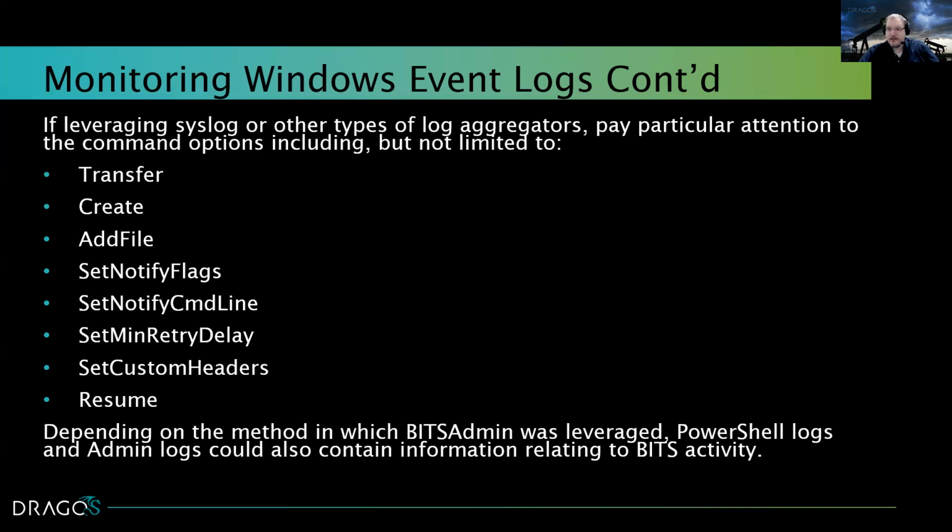And like I mentioned earlier, bitsadmin can also be interacted with through PowerShell. So also pay attention to your PowerShell logs or other admin type logs that could also contain information relating to BITS activity. I know turning on those PowerShell logs can be super tedious, but at least you can just look for these commands that I've highlighted on the screen here as it relates to bitsadmin.